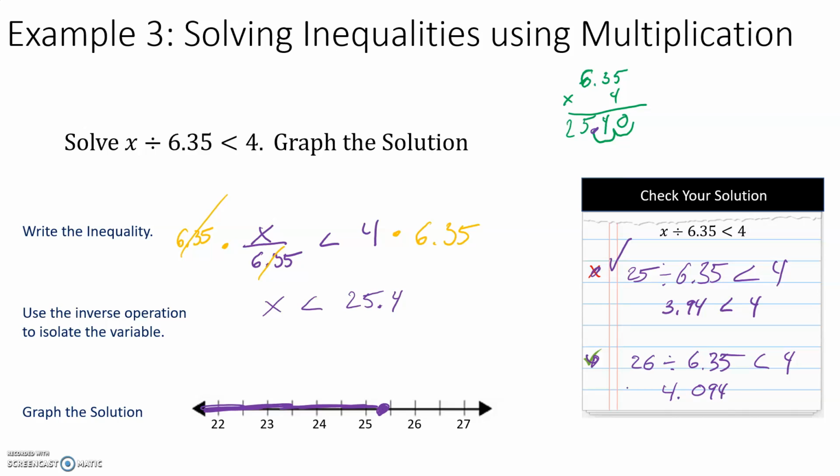So is that true? Is that less than 4? And the answer is no. It's not much bigger than 4, but it's still slightly bigger than 4. So that would be no.